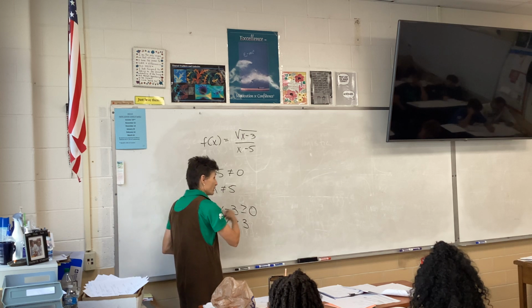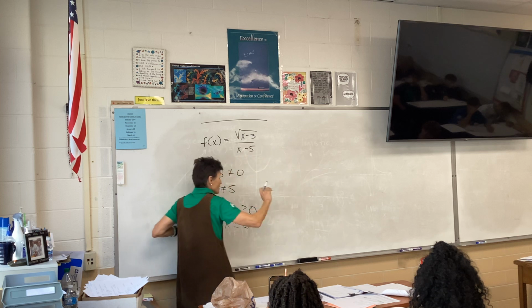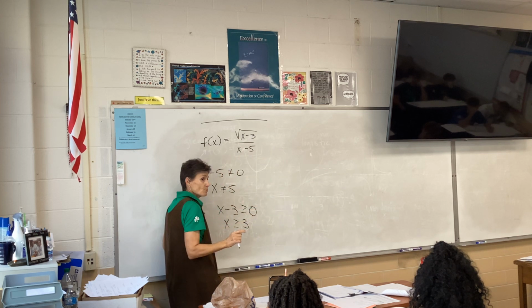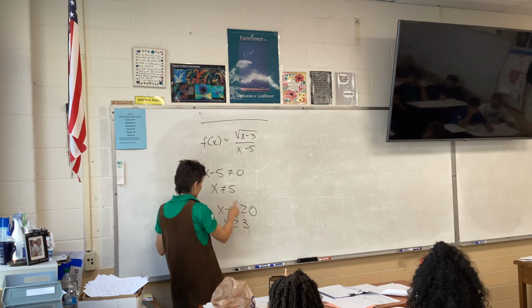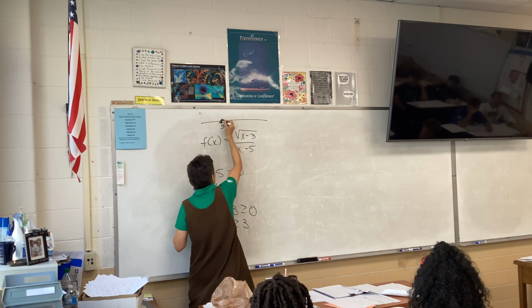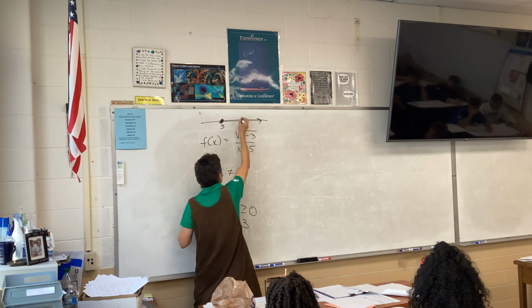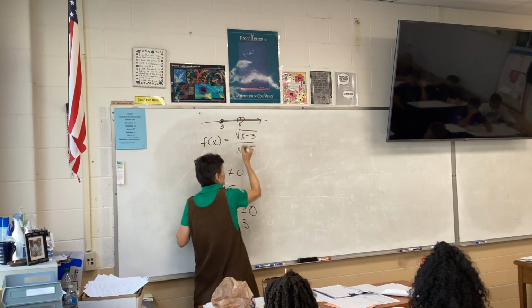So now I'm going to look at what my answer is going to be. I like a number line. You do not have to write a number line. Your answer is going to be in interval notation. On the number line, I see I have to be bigger than or equal to 3. So that would look like this, right? But I can't be 5.